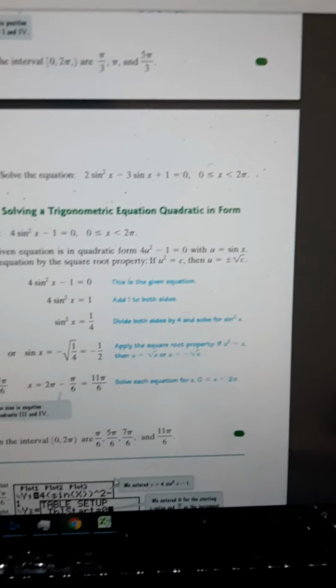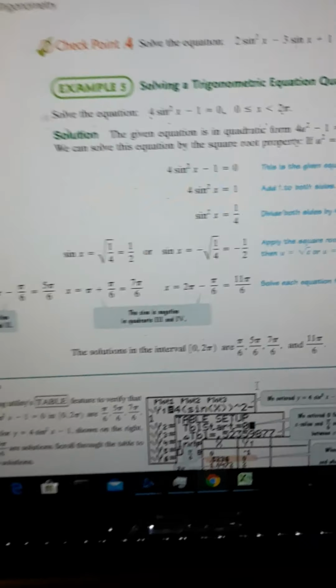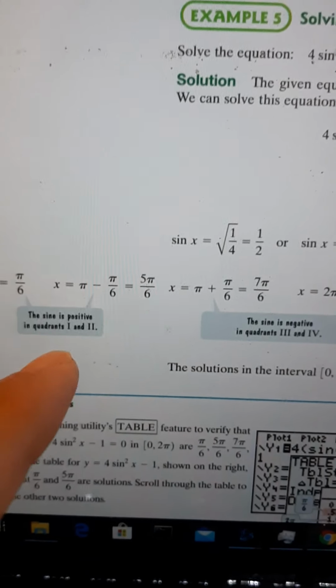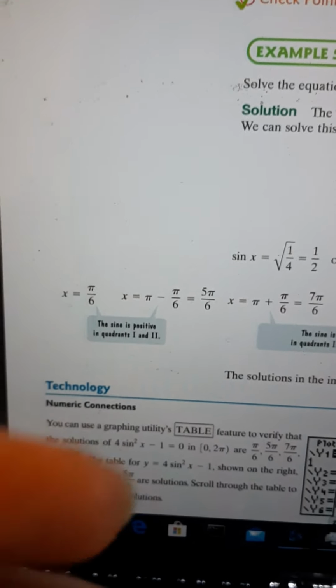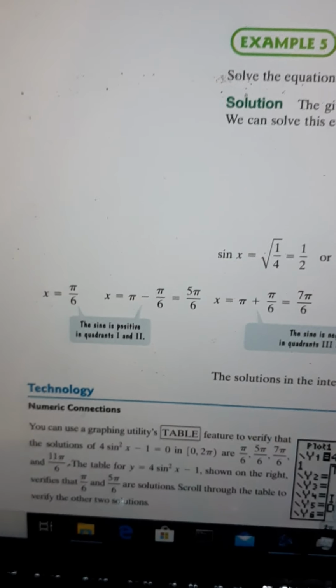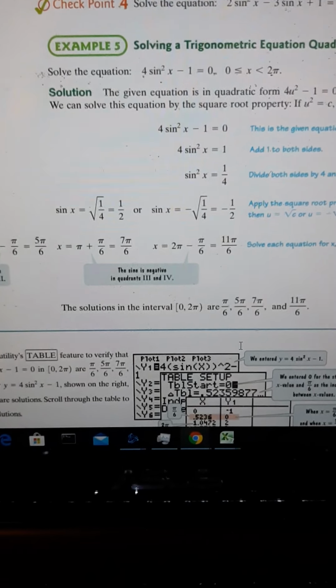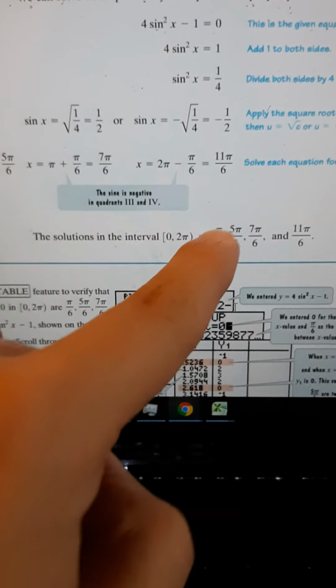And the last step would be to change them into radians, and that's what was done here, sort of. They just give it directly in radians, but that's the exact same principle. So we have a total of 4 solutions, possible solutions rather. All right, and here they are.